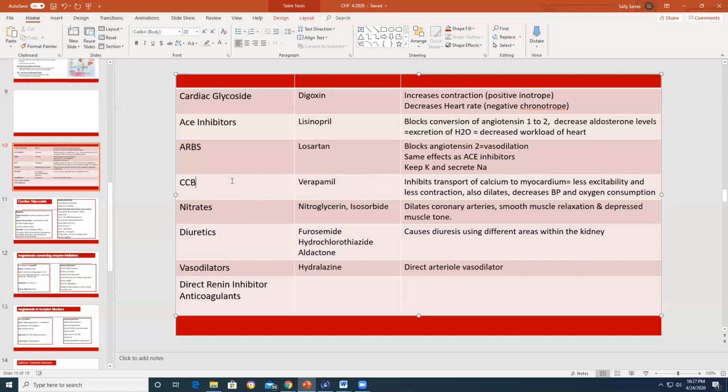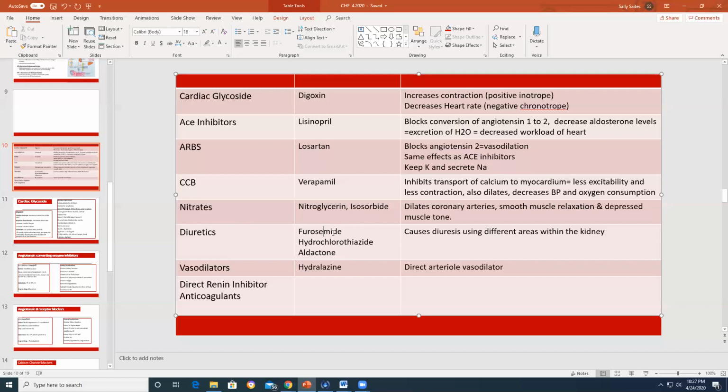Some of these medications also have antiarrhythmic properties as well. So our nitrates, so our nitroglycerin or isosorbide, they're direct vasodilators on our coronary arteries. It just dilates everything really quick and does a great job.